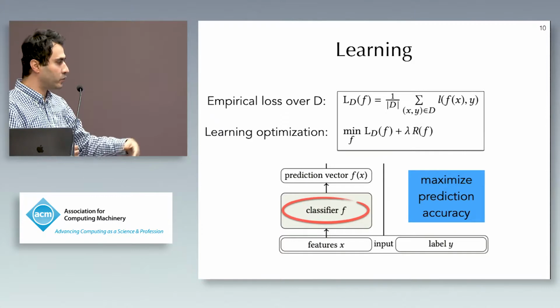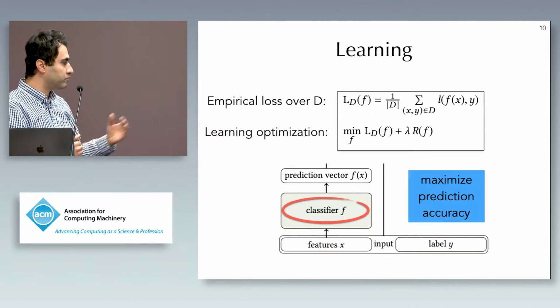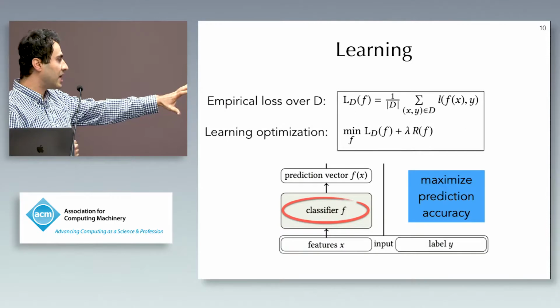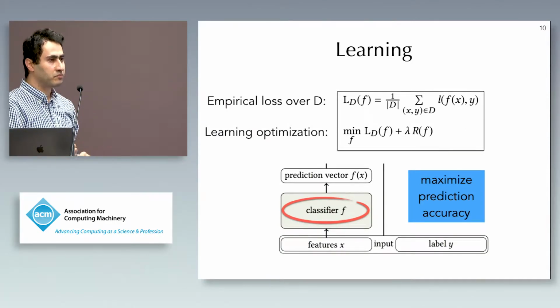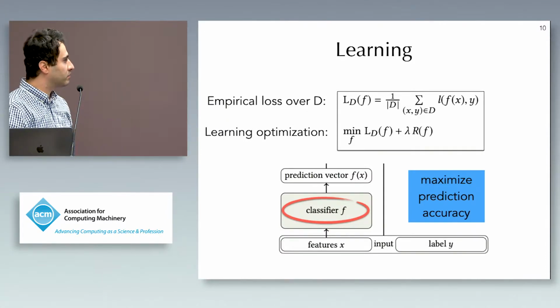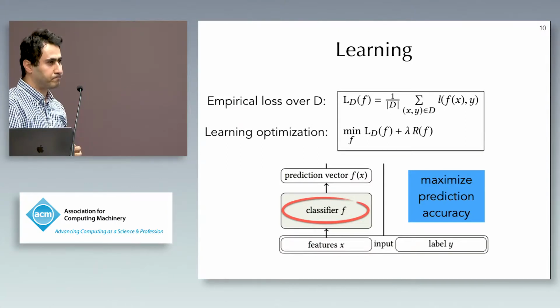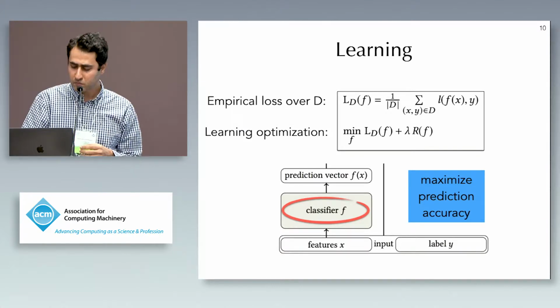We have the classifier, we input our training data, possibly labeled with different labels. We feed these into the classifier. We have a loss function that we have to minimize. We train the model by solving this optimization problem, which is minimizing this loss function. All right, so this is regular training without caring about privacy.